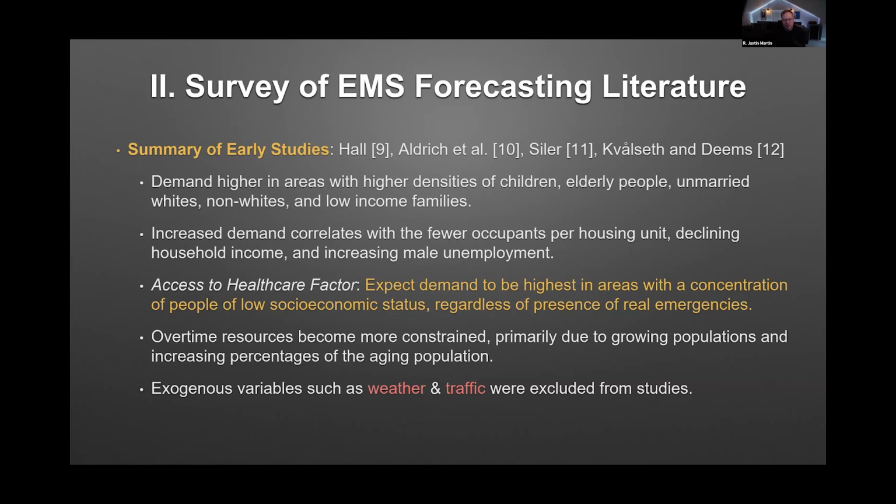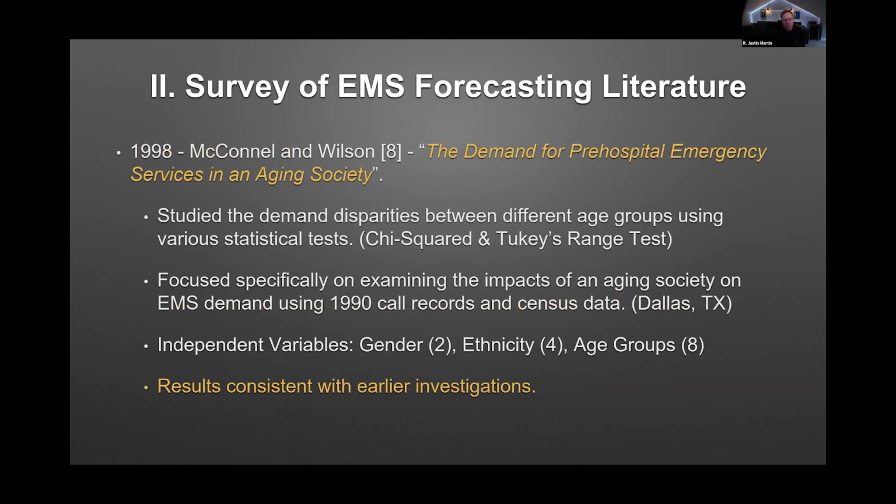Researchers did not include other exogenous variables that might intuitively be of interest to us, things like weather and traffic. But we'll see in some future studies, there are some researchers that incorporated weather as a possible predictive variable to demand. In 1998, McConnell and Wilson picked it back up.